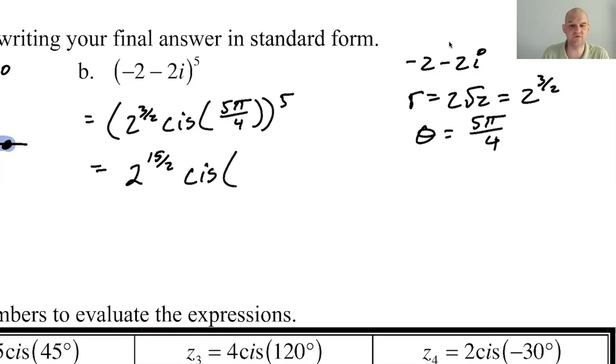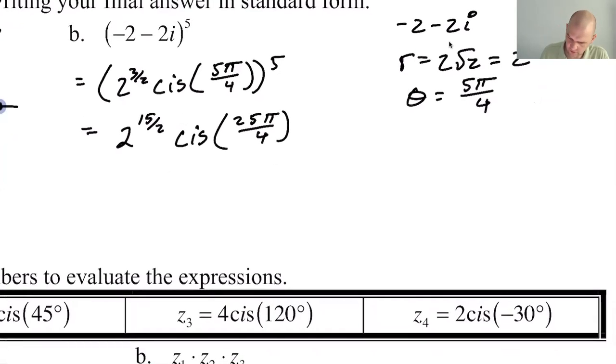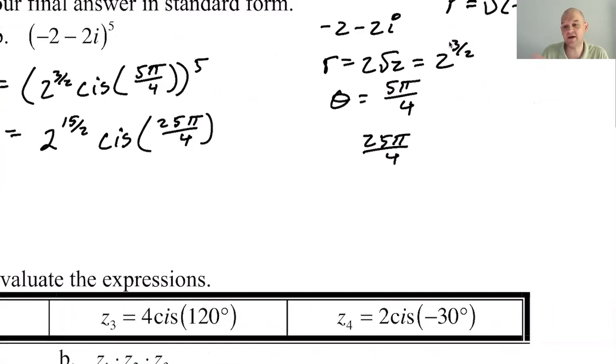Theta is 5 pi over 4, n is 5, so 5 times 5 pi over 4 is 25 pi over 4. You want to think of 8 pi over 4 as 1 full rotation, so I'm going to subtract 3 times 8 pi over 4. So it's coterminal to just pi over 4.